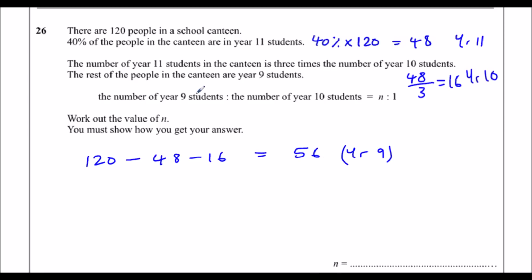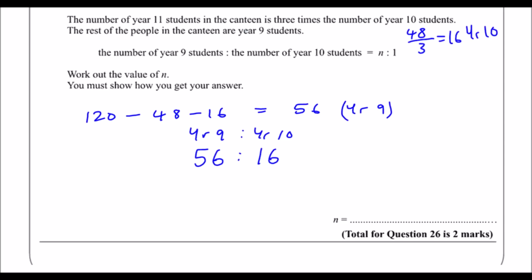The number of year 9 students to the number of year 10 students is n to 1. Work out the value of n. So the ratio of year 9s to year 10s, so year 9s 56 to year 10s 16. We need to write it in the form n to 1.